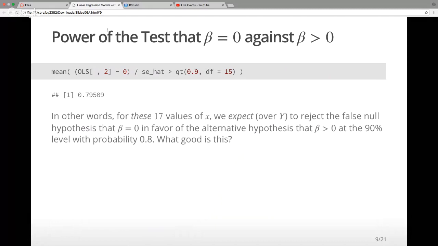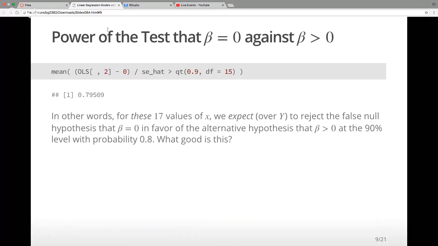So if you design or pre-register a study, say I'm going to get 17 observations, estimate an intercept and a slope, and test the null hypothesis that the slope is 0 for these realizations of X, before you look at what Y is, there's an 80% probability you'll be able to reject the null hypothesis that the coefficient is 0 in favor of the alternative that it is positive.